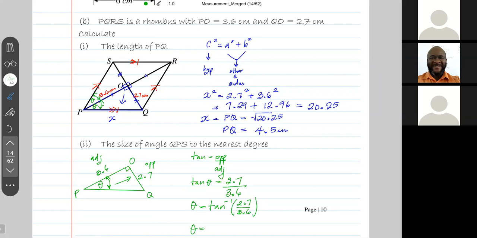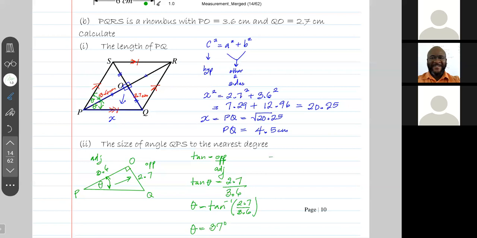So it's shift, then tan, open bracket, 2.7 divide by 3.6, close bracket, press equal. The answer here is, call it 36.9. But since they're set to the nearest degree, it is 37 degrees.